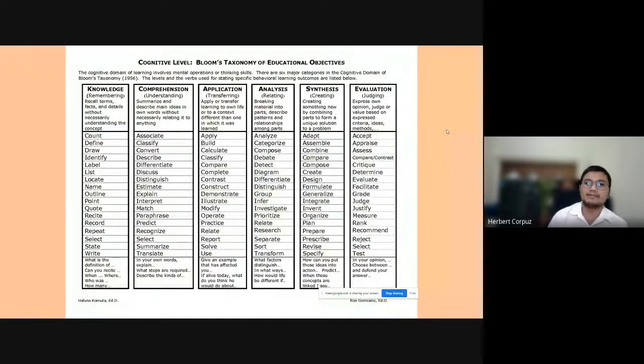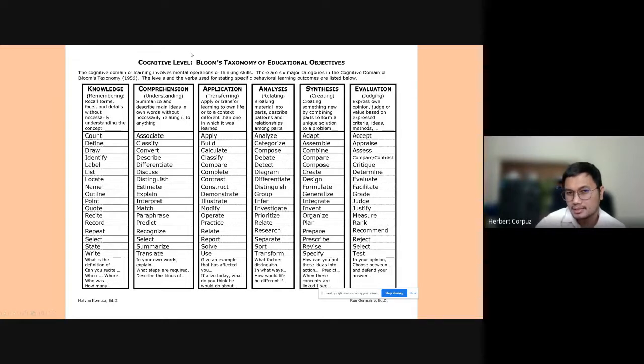Now, this is the cognitive level of Bloom's Taxonomy of Educational Objectives. The old version is the K-Kaase, from 1956. But in 21st century teaching and learning, we already have new terms to represent each of the K-Kaase components. We have remembering, understanding, transferring, relating, creating, and judging.